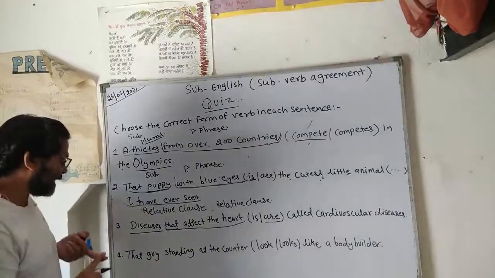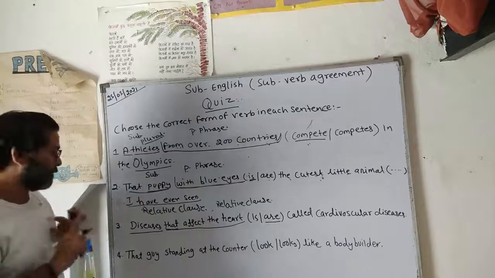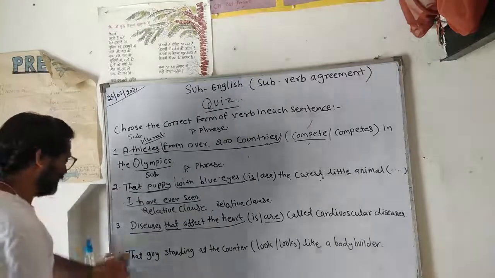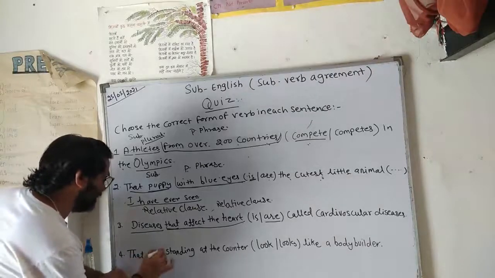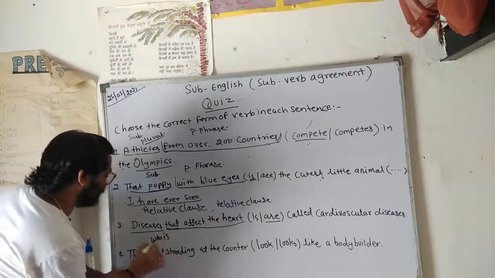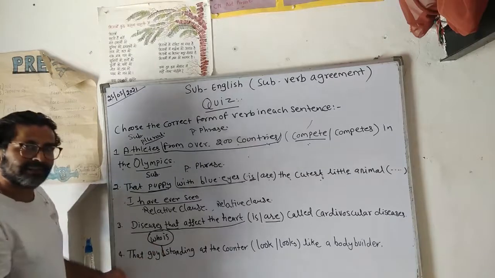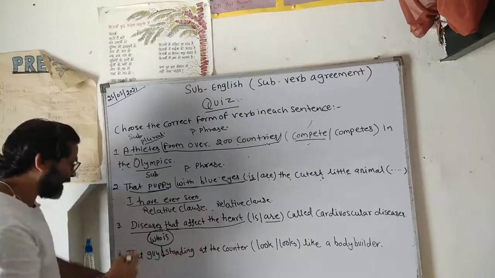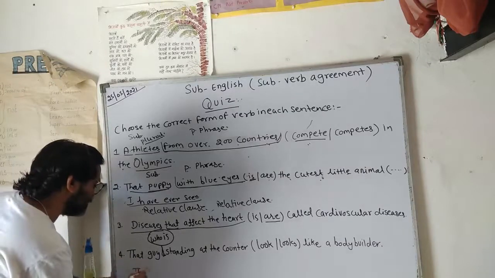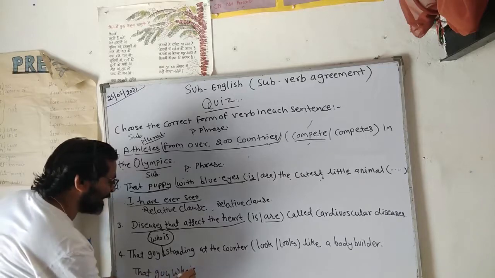We don't see who, when, which, or where. But here, that guy standing is that guy who is standing. So who is hidden in this sentence. If we write this sentence in a different way, it would be: that guy who is standing.